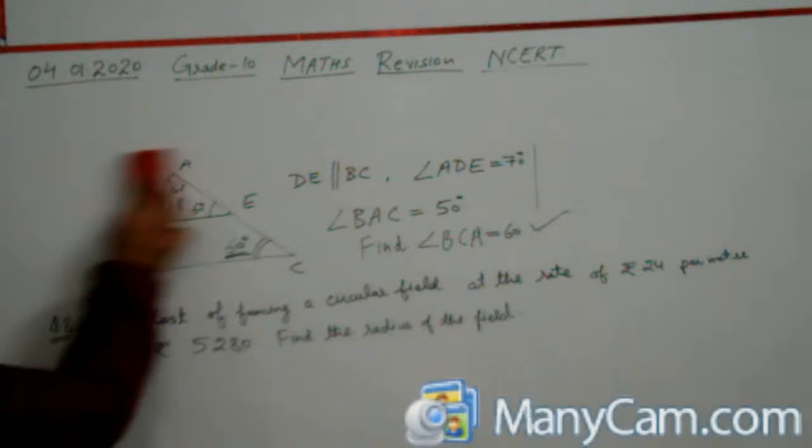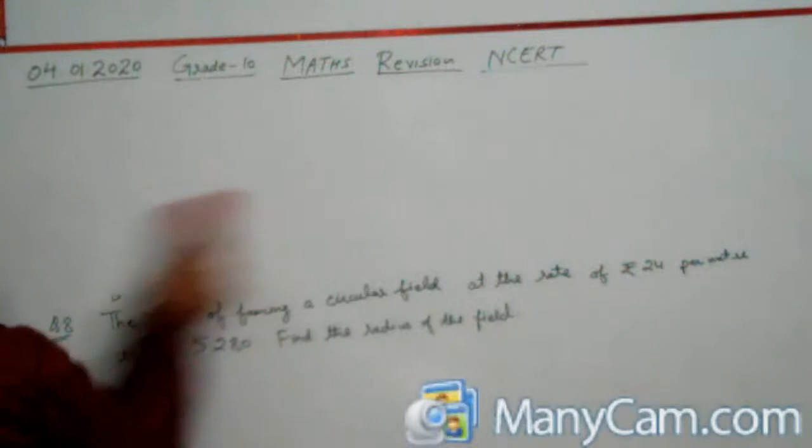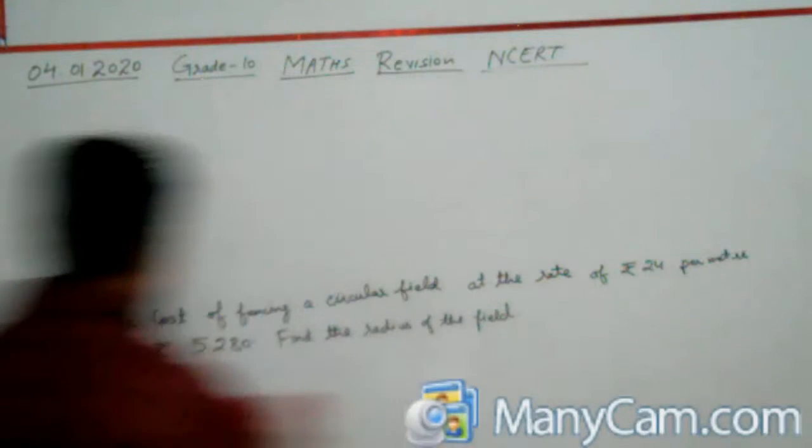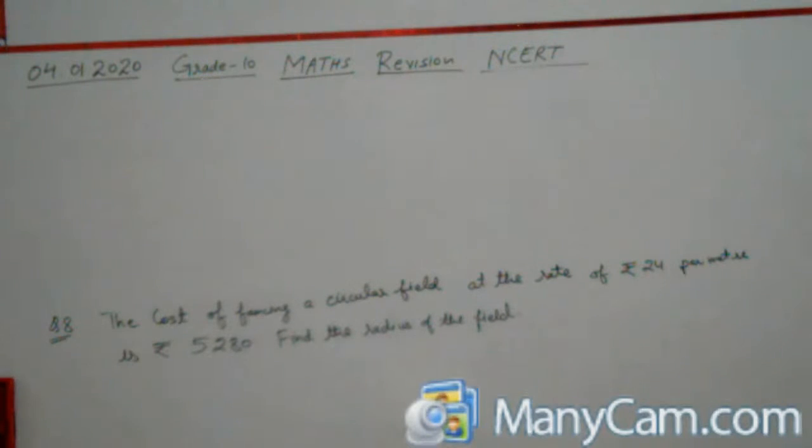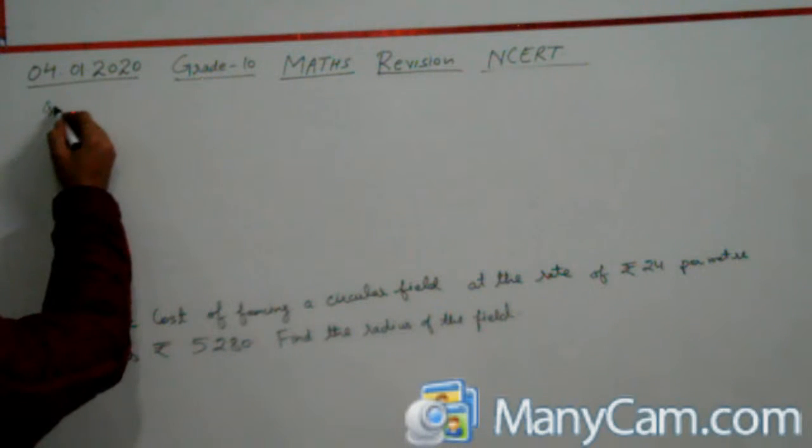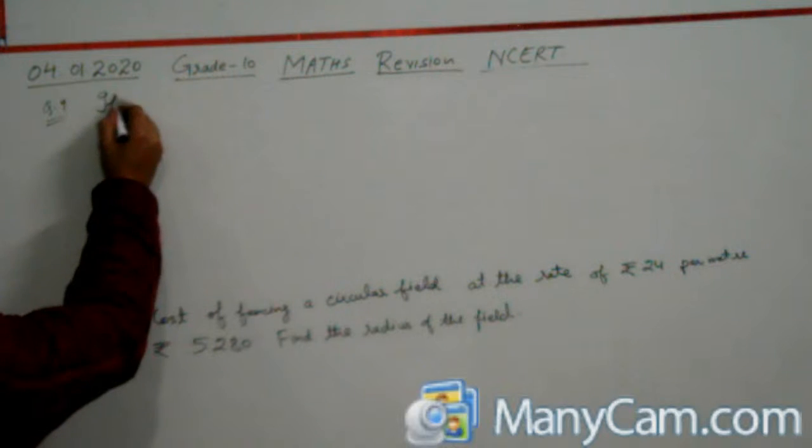Other students can also send the answers. We have the next question. A die is thrown once. What is the probability of getting a prime number? So many times this question is repeated.